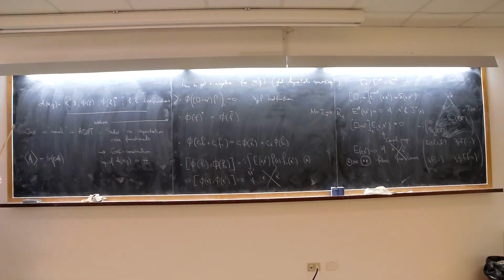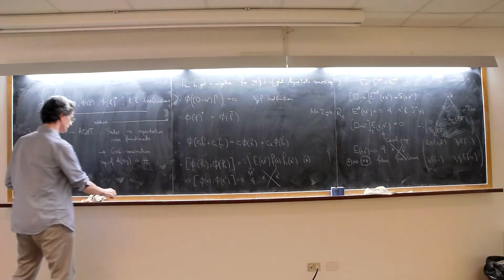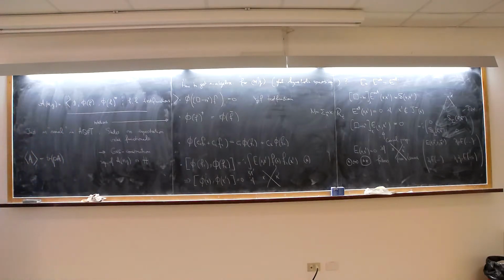So I mentioned before the space-time which is initially static and then expands and then is static again. So I could do this construction and I would have, for example, two states. One would be the in state and the other one would be the out state. That's all nice.